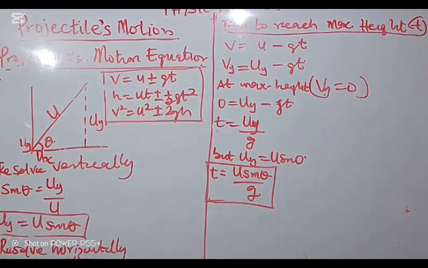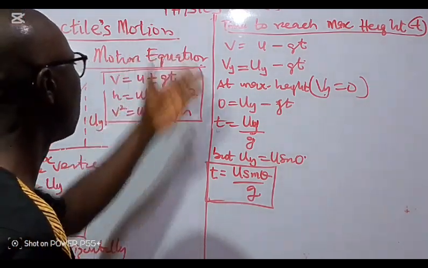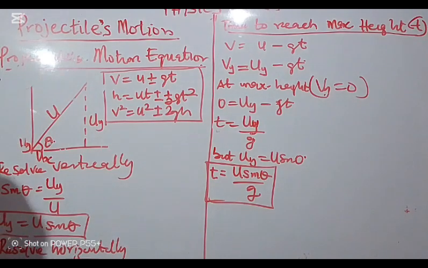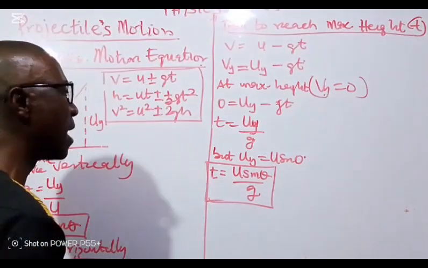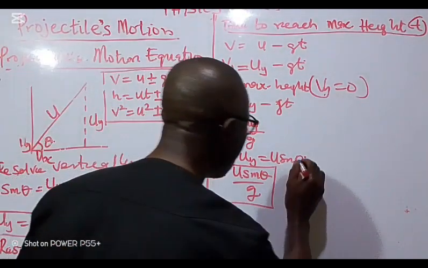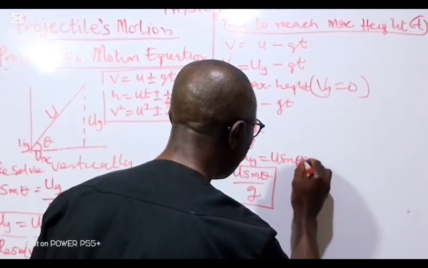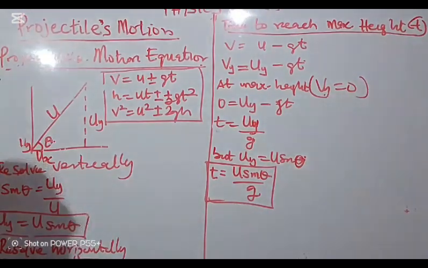And mind you, when you are now dealing with projectile motion and motion under gravity, the only difference between the two is that if it is motion under gravity, no angle will be given. If you look at the calculation under motion under gravity, no angle was given.